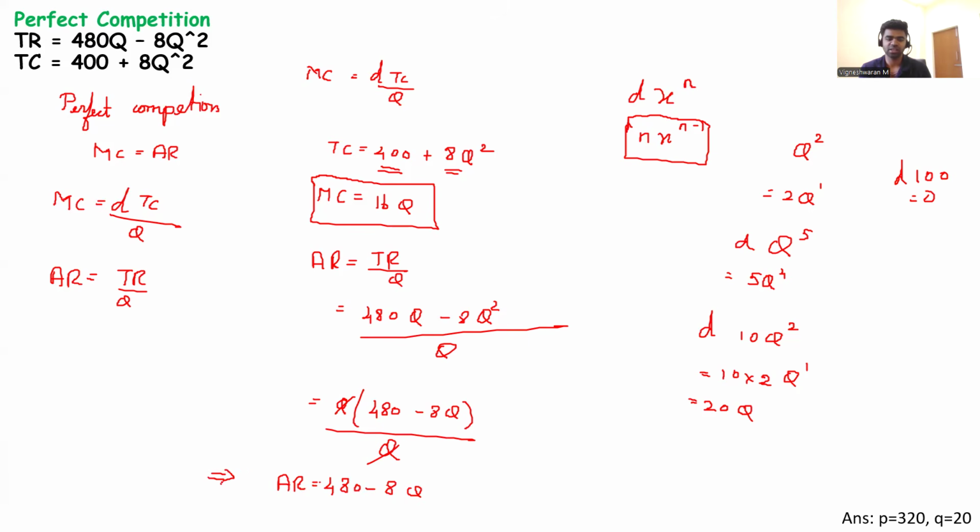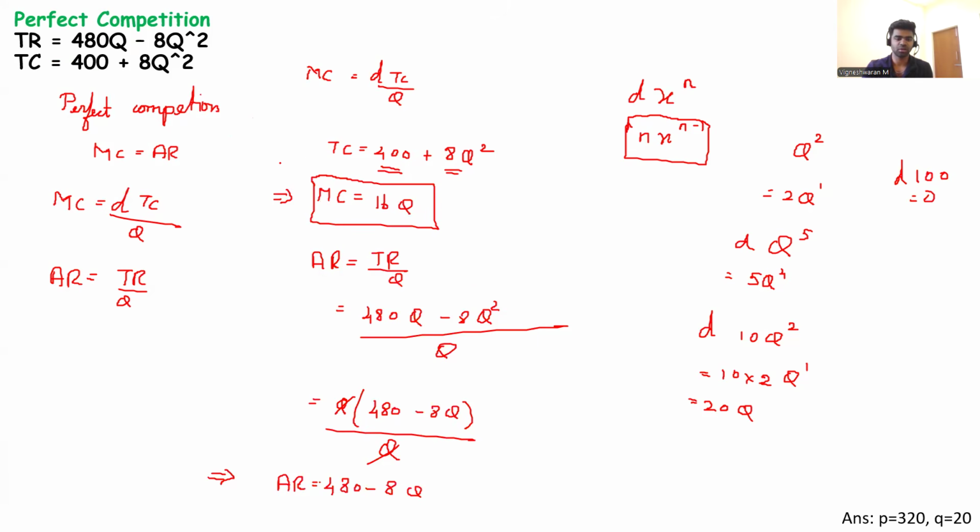Now we have to equate this average revenue and marginal cost. For perfect competition, MC is equal to AR. What is the value for MC? 16q.